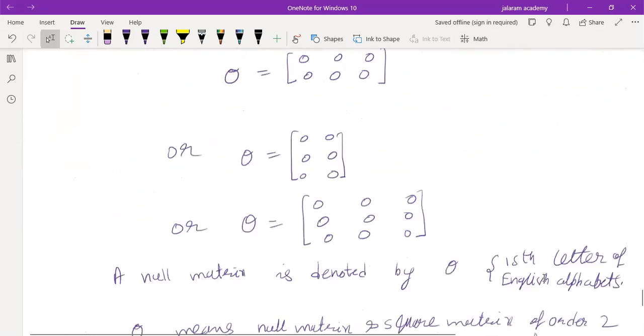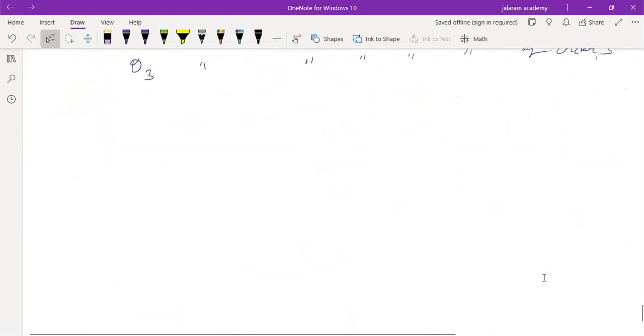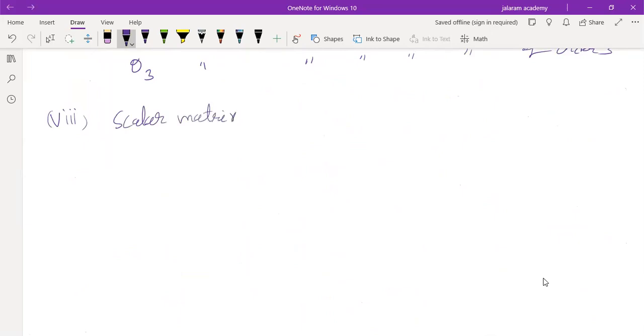Now, next is scalar matrix. Do you know the meaning of scalar matrix?